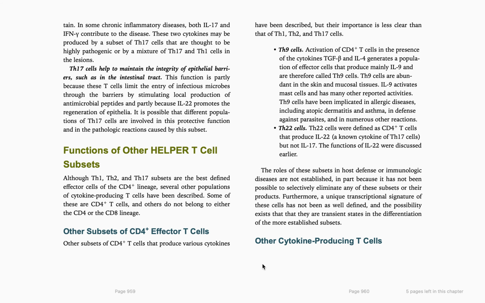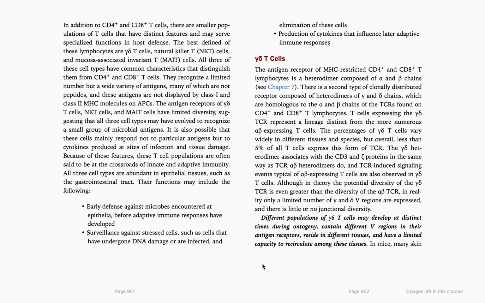Other cytokine-producing T cells. In addition to CD4 plus and CD8 T cells, there is a small population of T cells that have distinct features that may serve a specialized function in host defense.